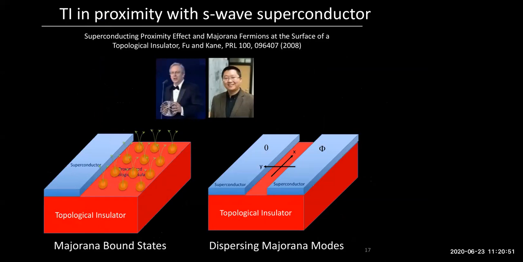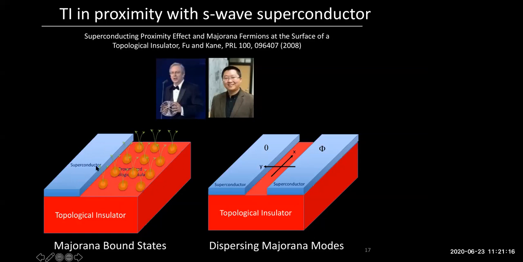In fact, Charlie Kane and Liang Fu proposed as early as 2008 a geometry where you could realize both Majorana bound states as well as propagating Majorana modes. Here's the geometry. You take a topological insulator, and right on the surface, all these boundaries have this two-dimensional gas of electrons.